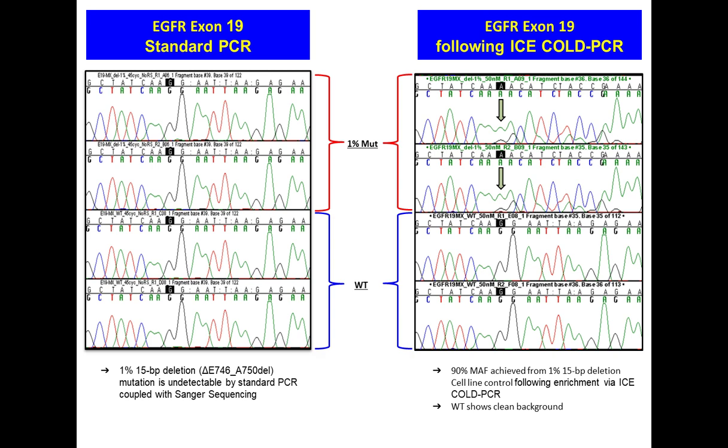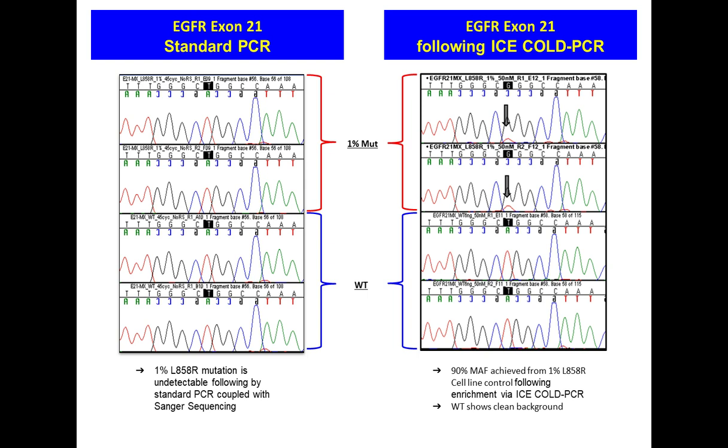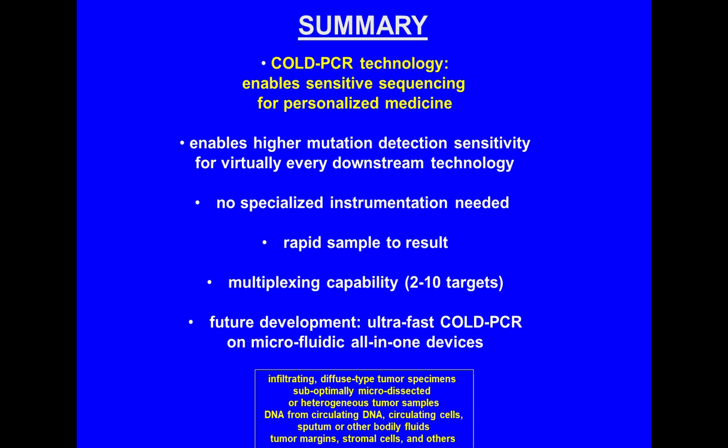You don't see the mutation on the left, you see it on the right. And that's exon 20 and exon 21. These data were provided by Ben Legendre and Grant Wu at Precipio, who are our collaborators developing these assays.